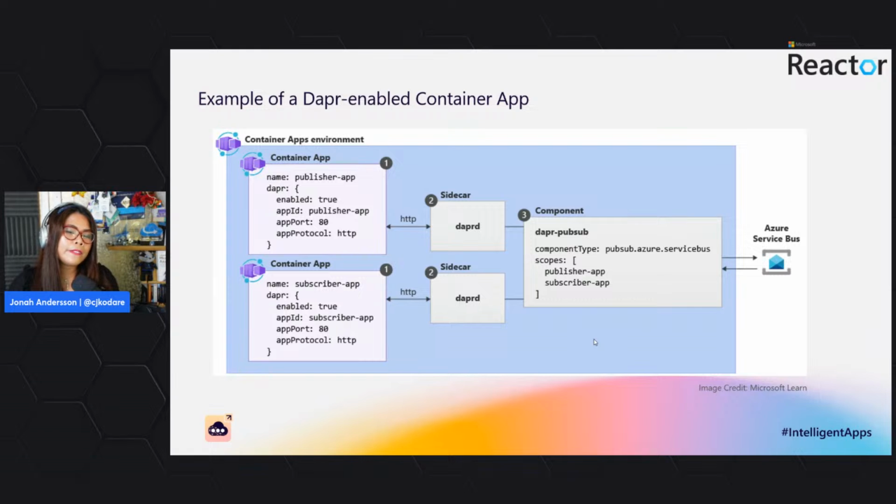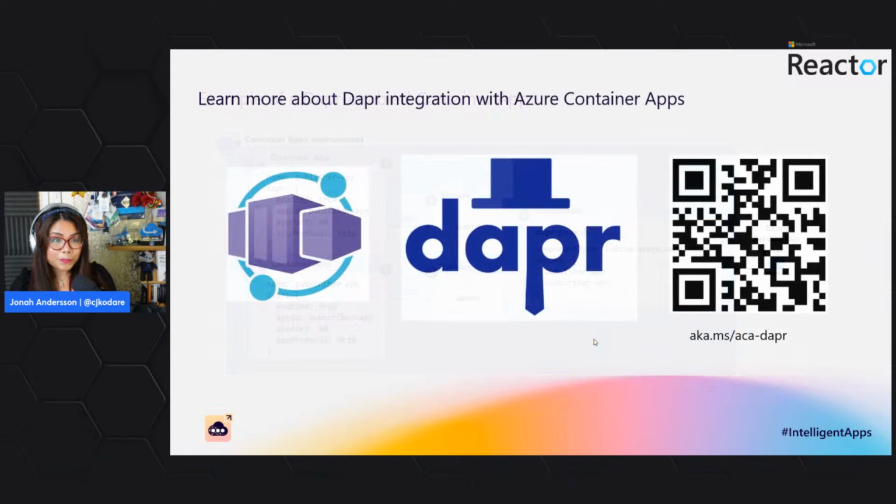So you can have a sidecar for each of those container apps that has its pub and sub. And then the third part of it is your component. And it uses Azure Service Bus for this communication. It is just one example that is good to know. And there's actually more. I'll show a simple example soon.